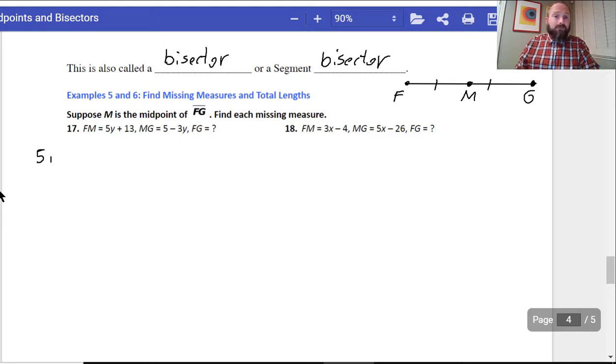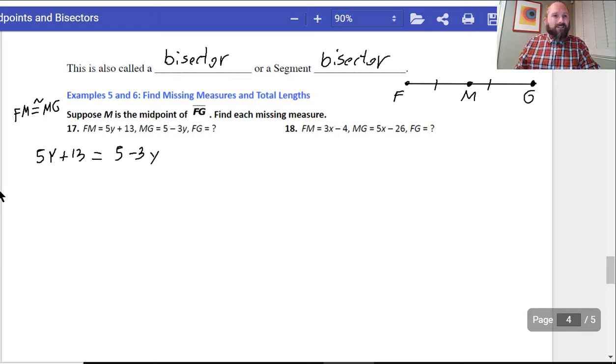FM is 5y plus 13, and MG is equal to 5 minus 3y. So we know that FM has to equal MG because they are congruent. So 5y plus 13 has to equal 5 minus 3y.